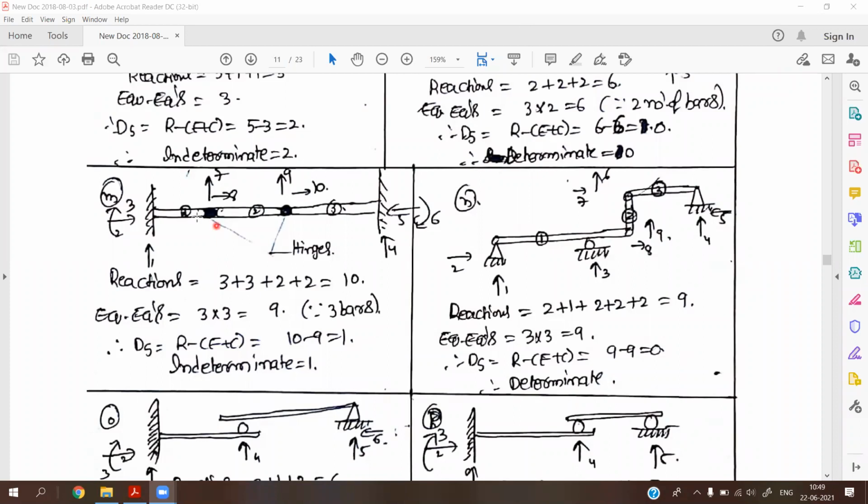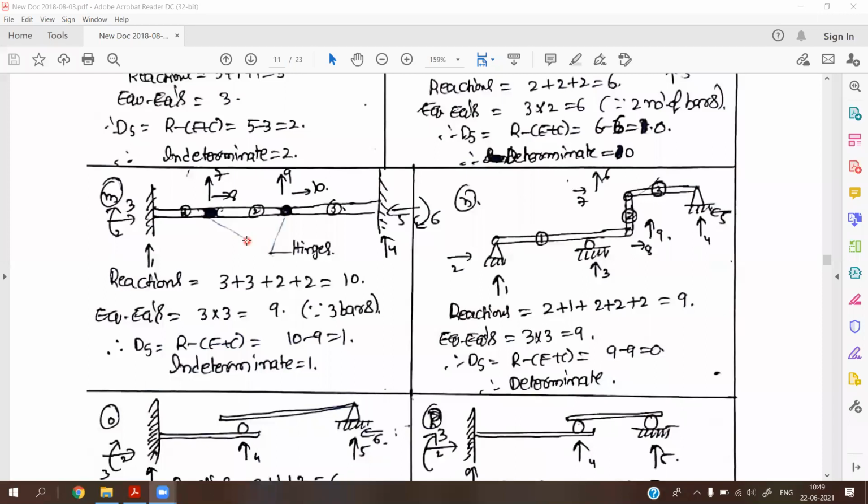Next, if a beam has internal hinges, the hinge has two additional reactions to find at the hinge, and this hinge divides the beam into two parts. Suppose a hinge is in a fixed beam, then the fixed beam divides into two beams.